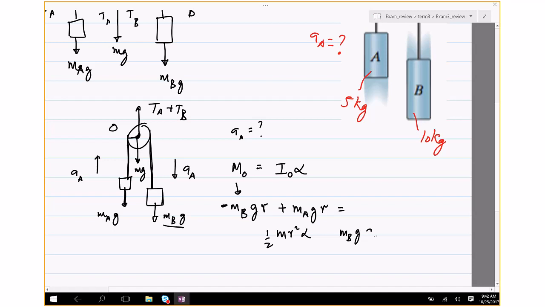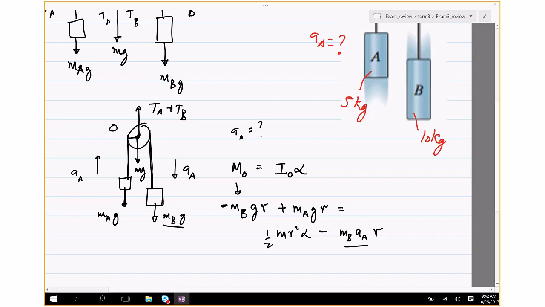Sorry, mB times a_A is the force due to the acceleration, and the moment due to the acceleration is going to be the force times r. And the question is, what's the sign on that particular moment? It's going to turn the disk in the clockwise direction, so it's going to be negative.